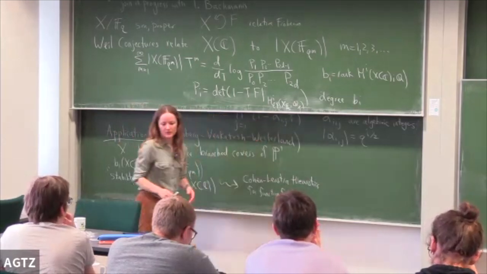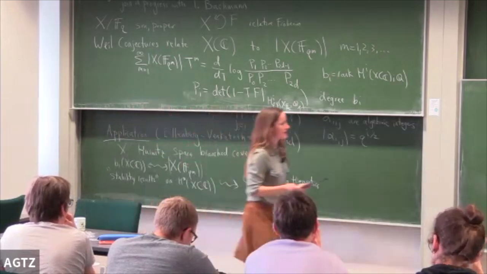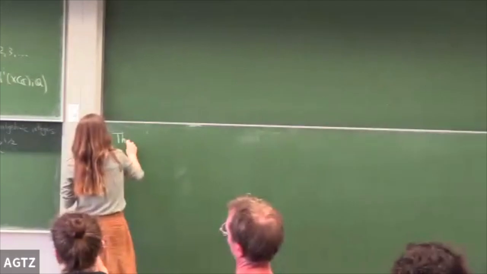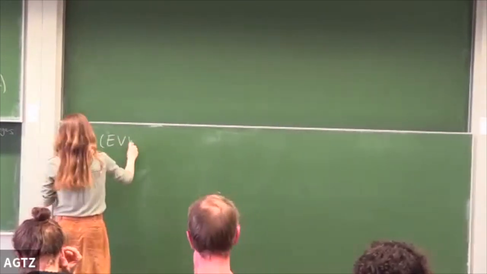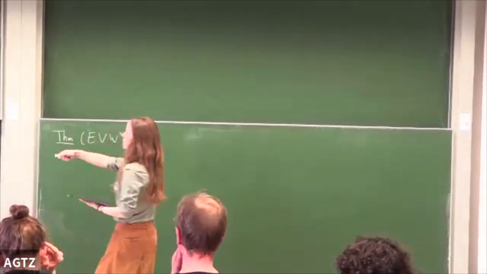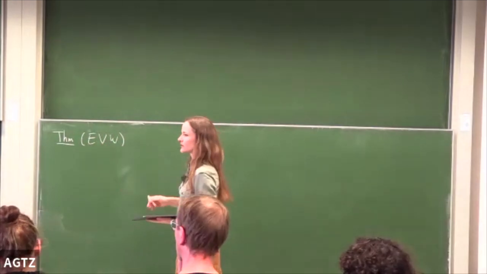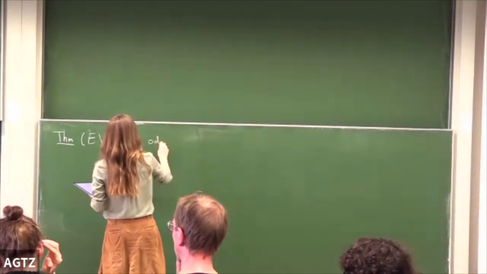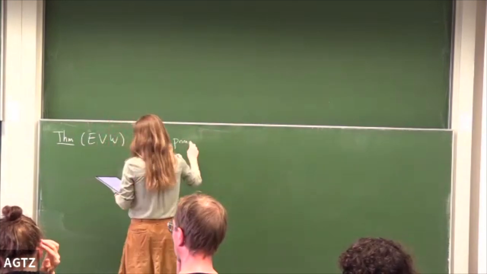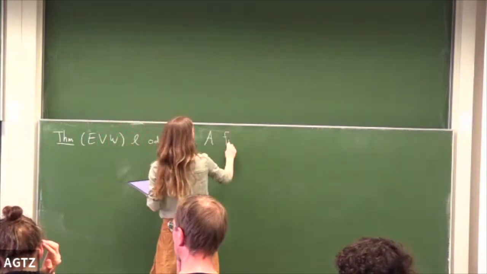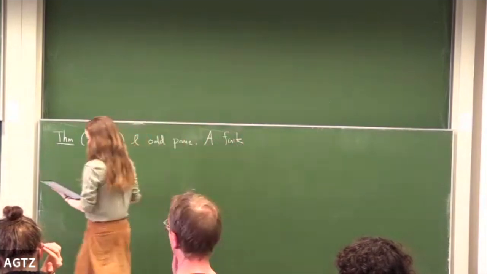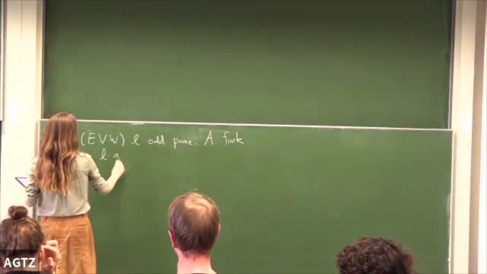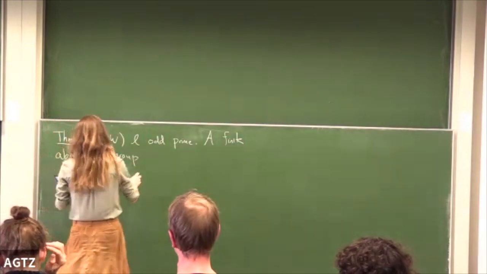Their first sort of breakthrough paper has this sort of sample application in it. So this is a theorem of Ellenberg, Venkatesh, Westerland, done with this sketch summary program. So let l be an odd prime, A a finite abelian group of order a power of l.